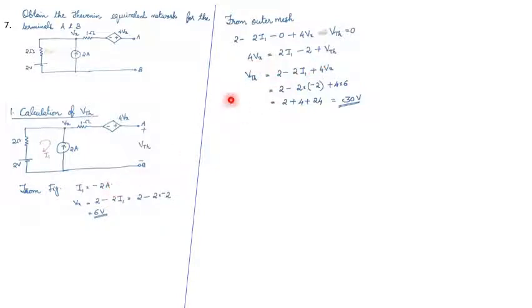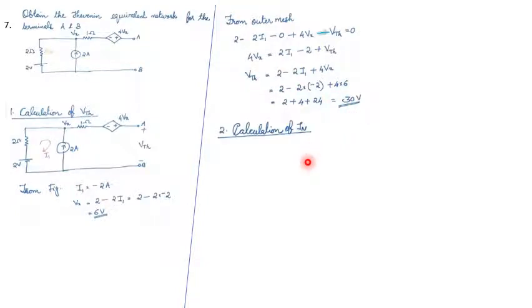So we will get Vx is equal to 2I1 minus 2 plus VTH. From here we will get the value for VTH as 30 volt.